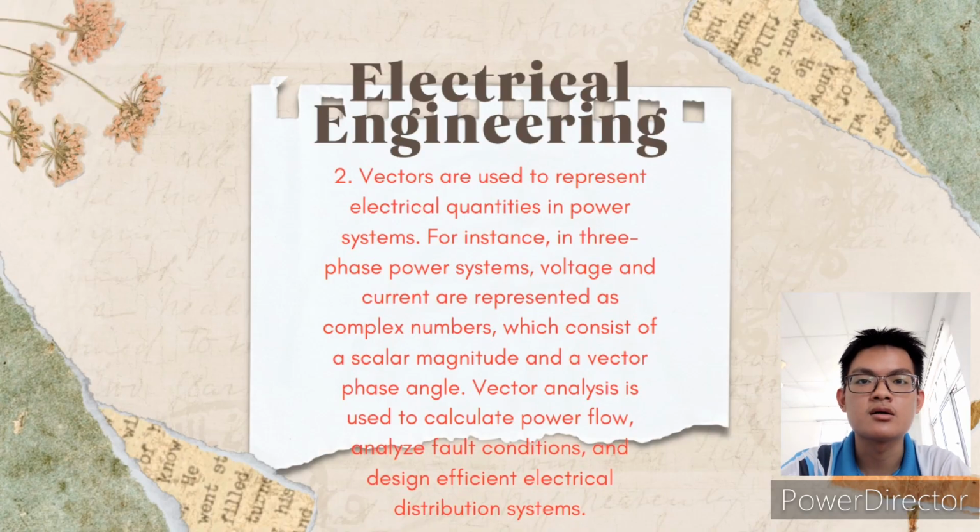Electrical engineering. Vectors are used to represent electrical quantities in power systems. For instance, in three-phase power systems, voltages and currents are represented as complex numbers which consist of a scalar magnitude and a vector phase angle.